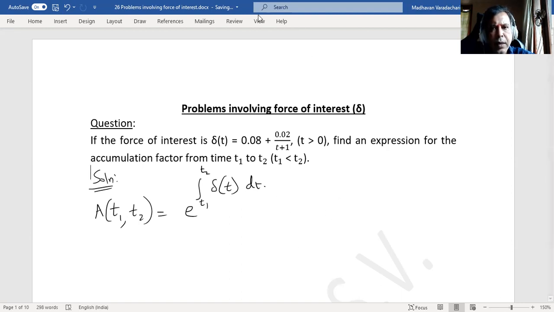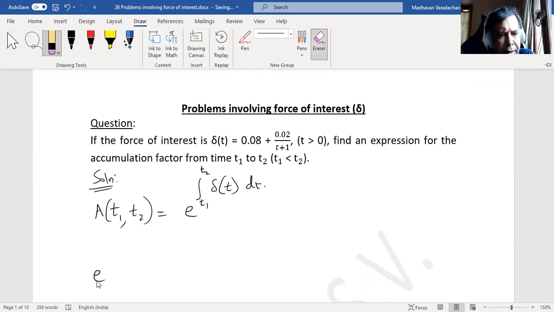That is our accumulation factor. Now let us evaluate the definite integral separately.